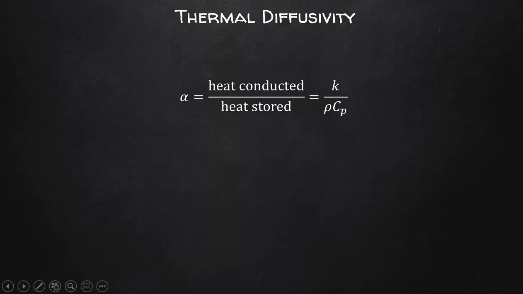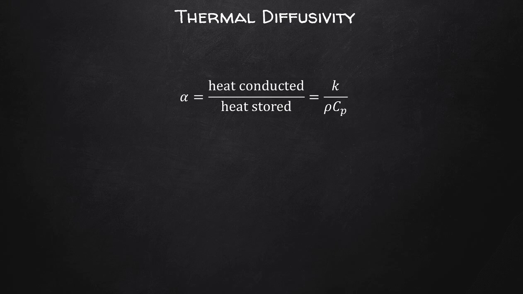Right. An important property to remember when dealing with heat transfer, specifically thermal conductivity, but also convection, is the thermal diffusivity. So we've come across this property before, and it relates to heat being transferred via conduction.